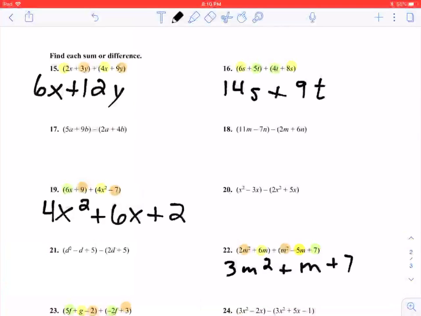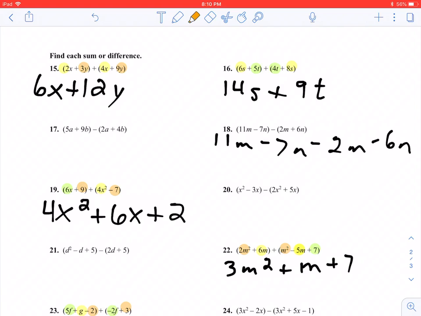So let's get started. Starting with number 18, there was subtraction. And as I showed you in the lecture, you need to distribute this negative that's right there, in between, first before you actually begin to combine all your like terms. So we're going to start out by writing 11m minus 7n and then minus 2m minus 6n.